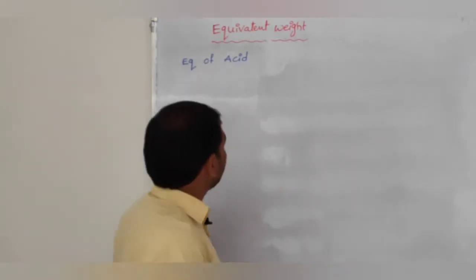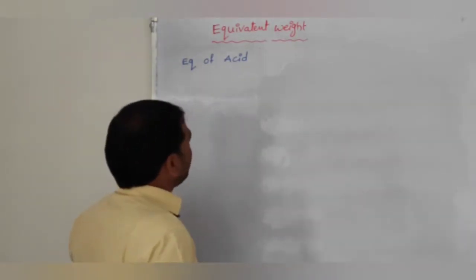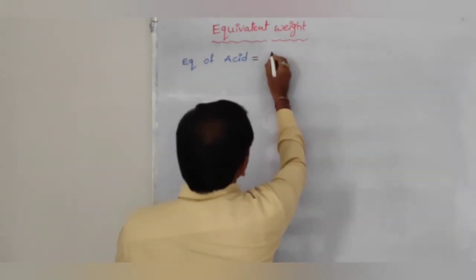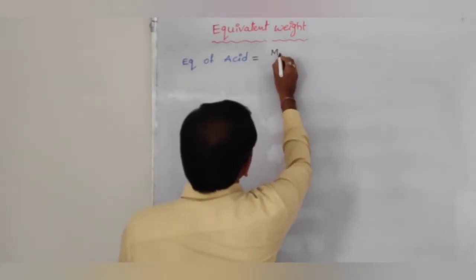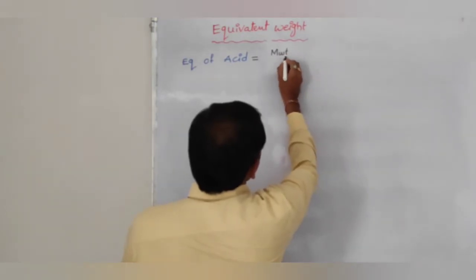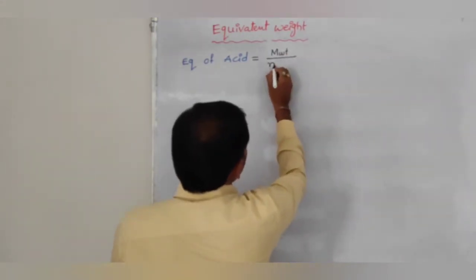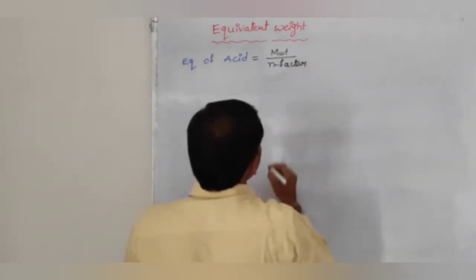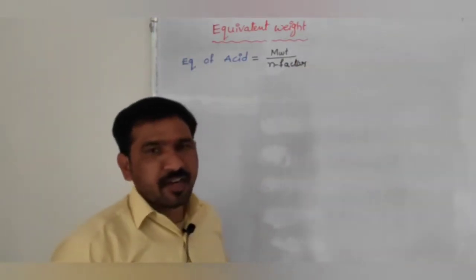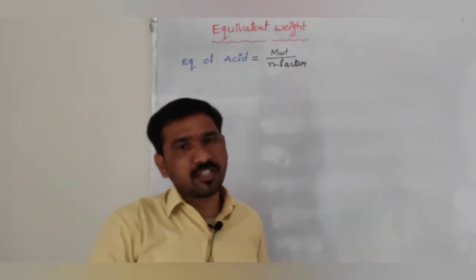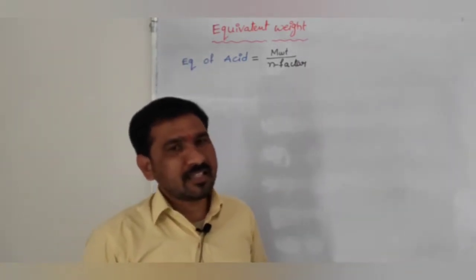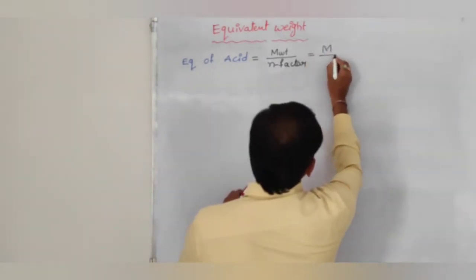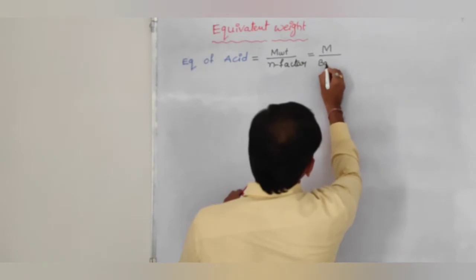So first of all, equivalent weight of acid is equal to molecular weight divided by n factor. Beta, in terms of acid, n factor is nothing but what? Basicity. So equivalent weight of acid is equal to molecular weight divided by basicity.